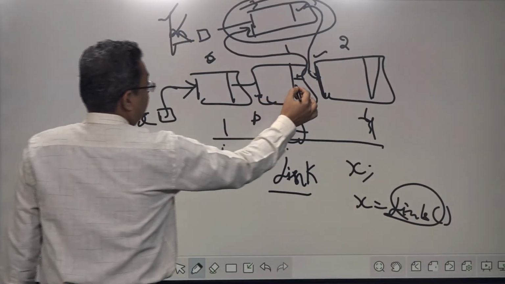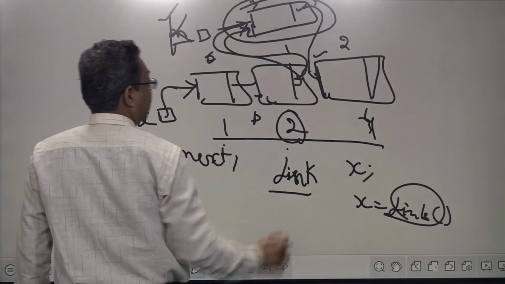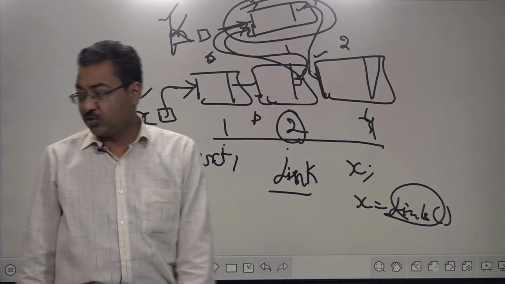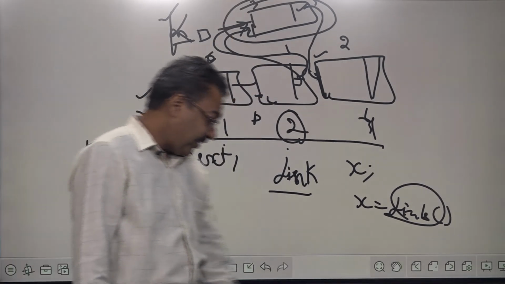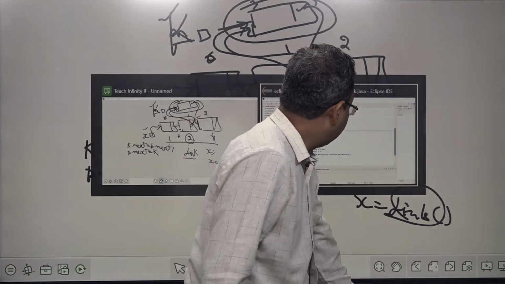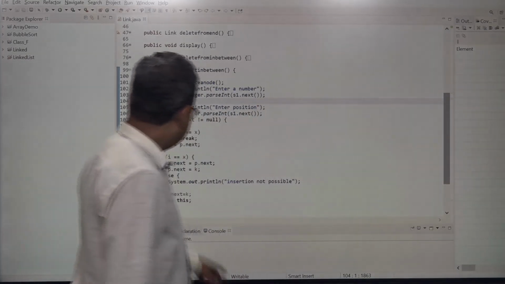It is initializing this with the reference of this, right? So in this way, we are able to connect this. Once it is complete, then we can say our insertion is successful.